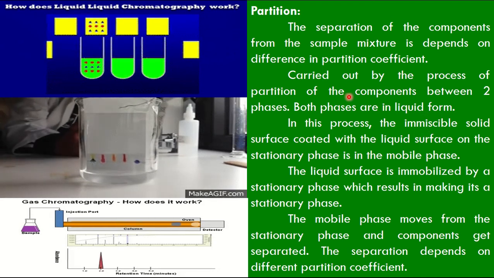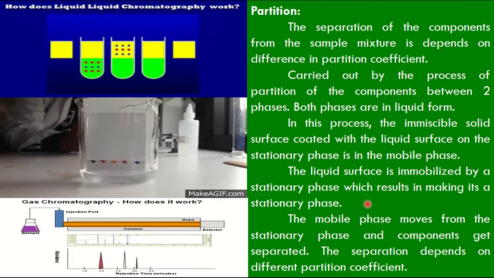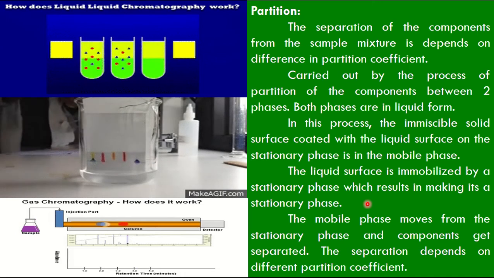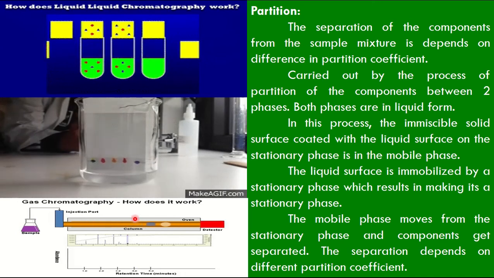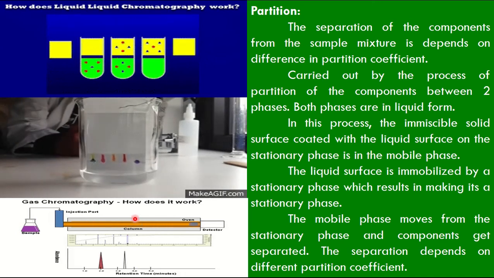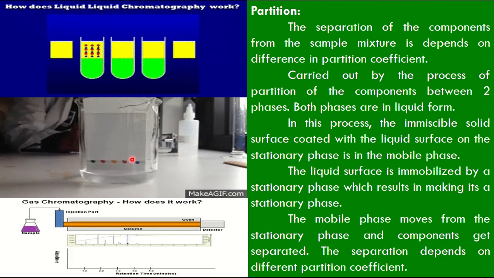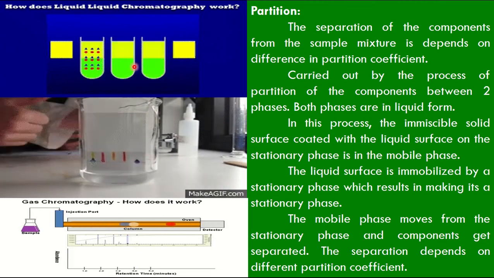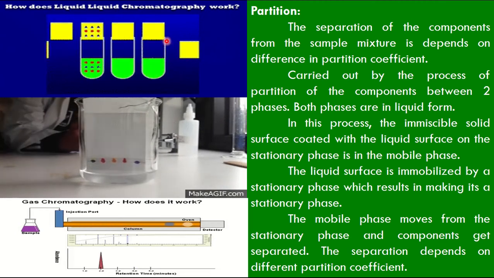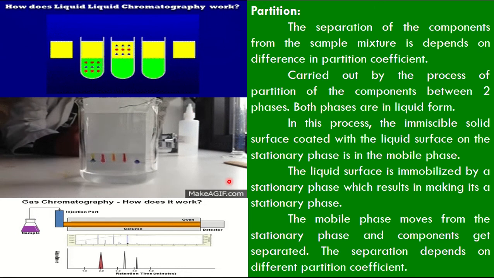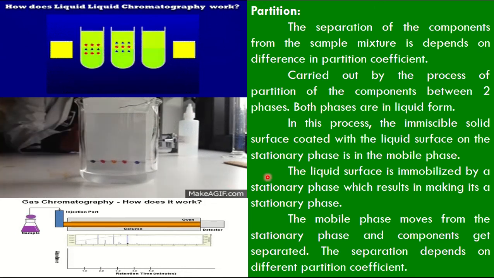The examples for this partition principle through which the samples get separated are gas liquid chromatography, paper chromatography, and liquid chromatography. So these are the examples for the partition principle.